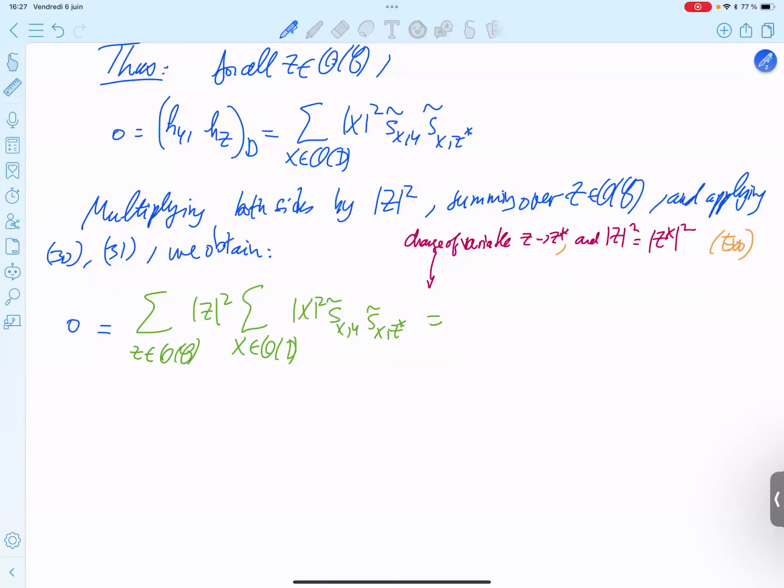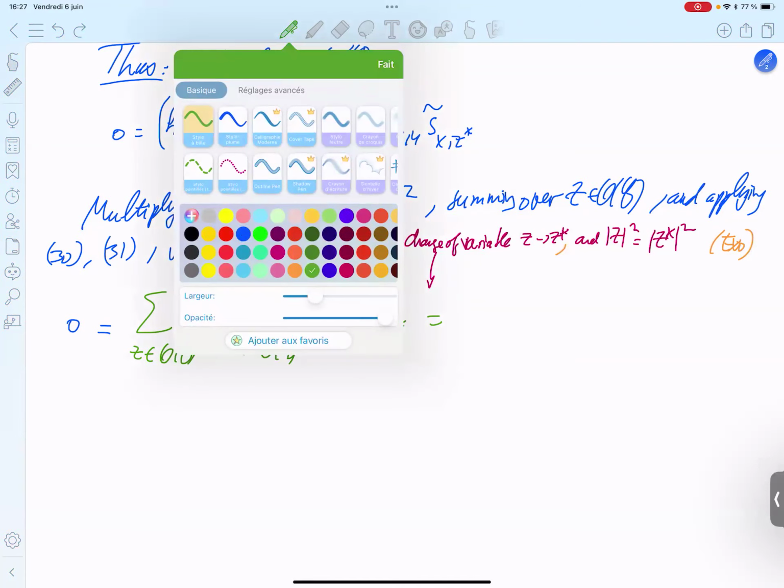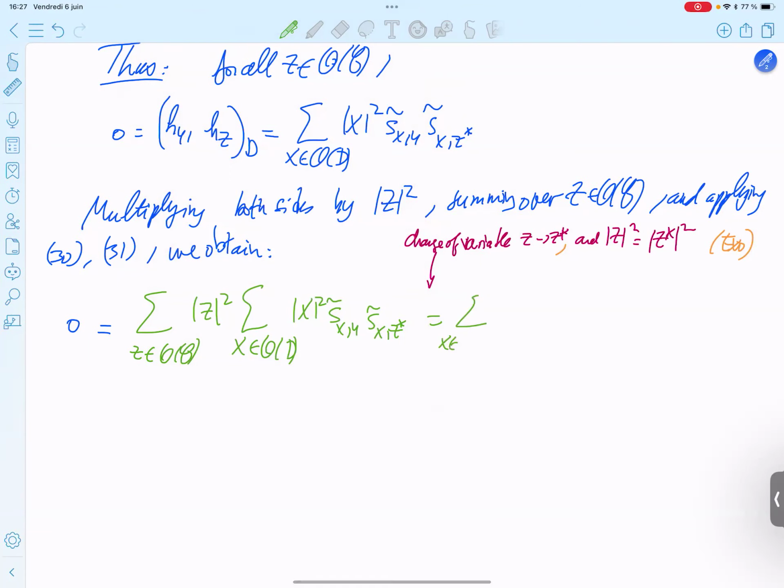You get the sum for x simple in D. So you permute the sum, square norm of x, s tilde x z, no more z star because we changed the variable, and we do it like that.